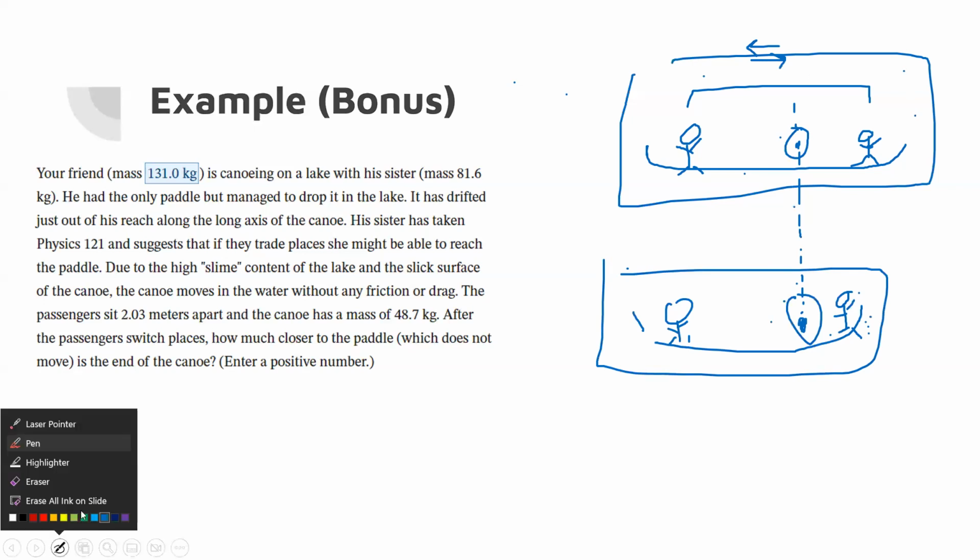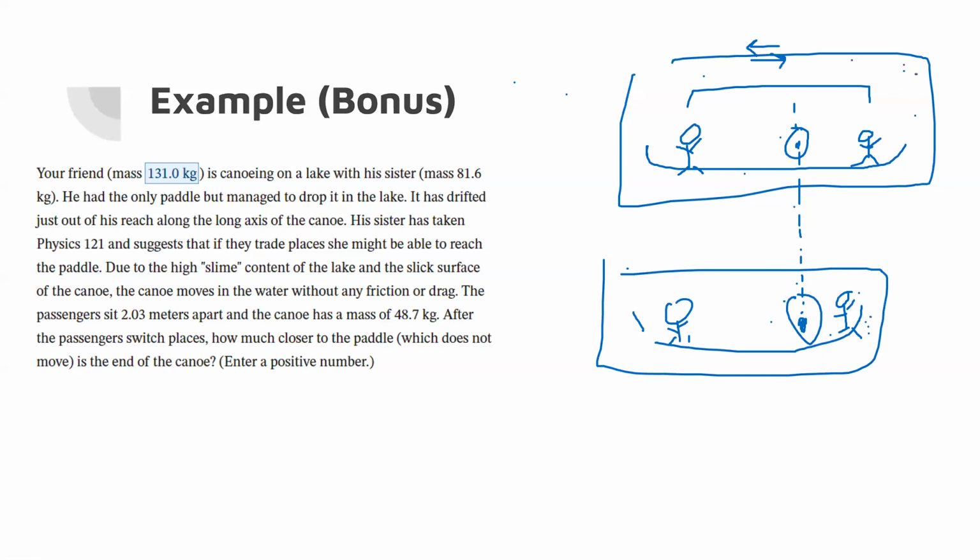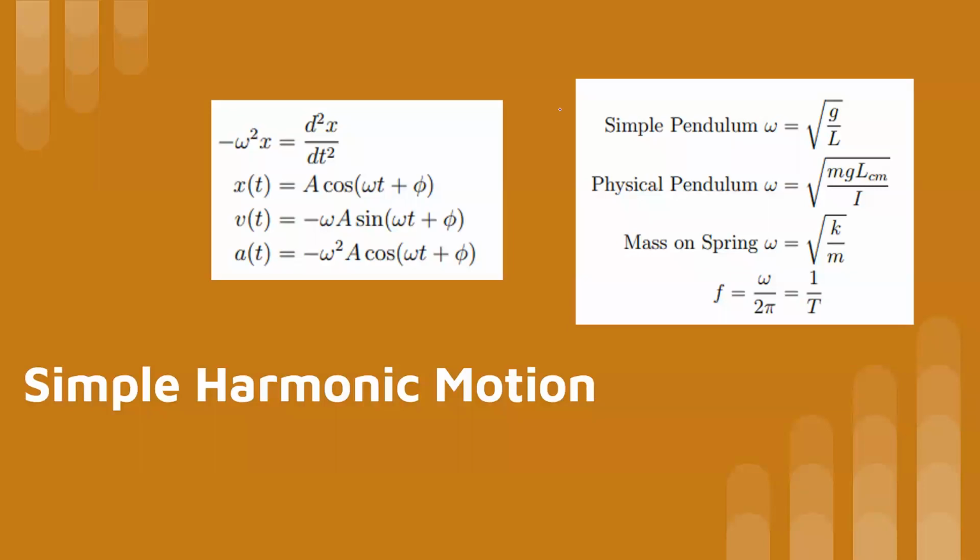So if we define this as our reference point, for example, then the center of mass, this distance right here from our reference point, should be constant even if these two people move around. But we're not going to go through that. No problem. Almost done. We are going to talk about now simple harmonic motion.